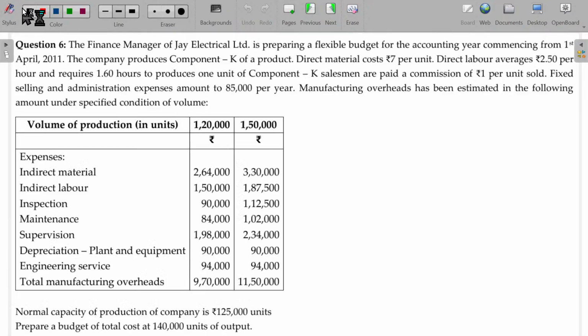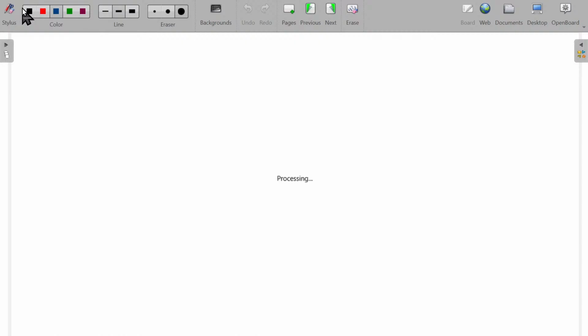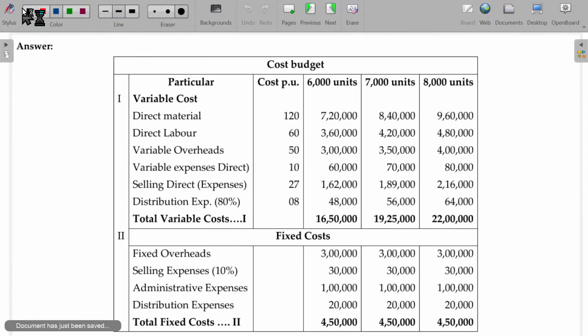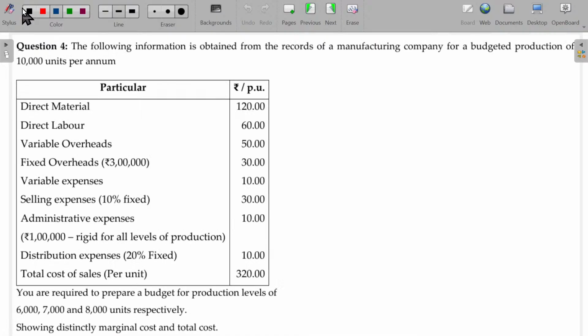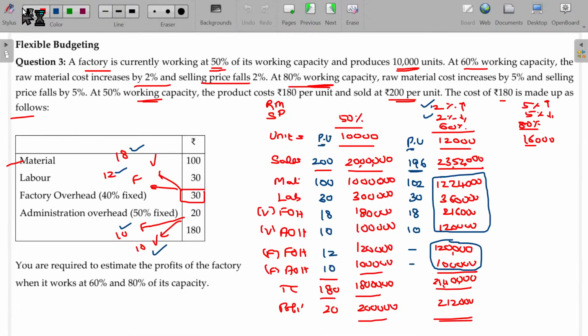Nowhere have I included such an illustration. Which year's question? December 2024, okay, December 2024 question. If you are able to see that, go and see.